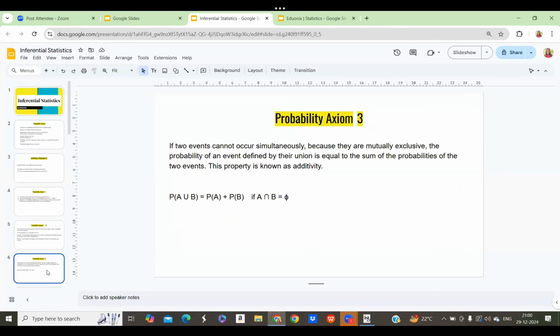This is one formula. This is probability of A union B: probability of A plus probability of B, if probability of A intersection B is not equal. Okay, let me show you.